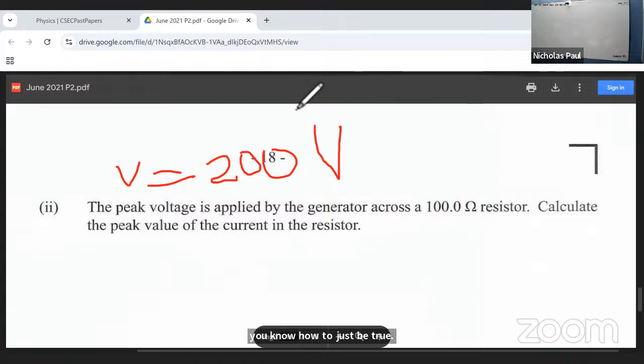Find the peak value of current. What's the formula for current, Rima? I is equal to what? Very, very close.